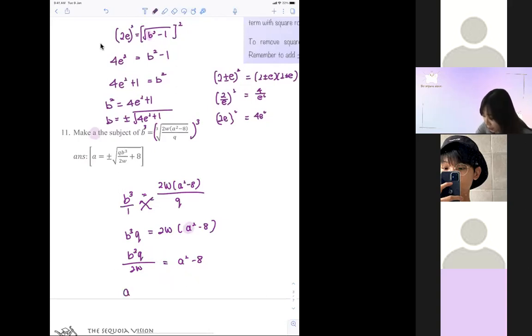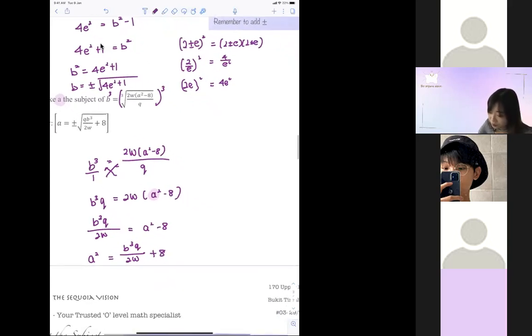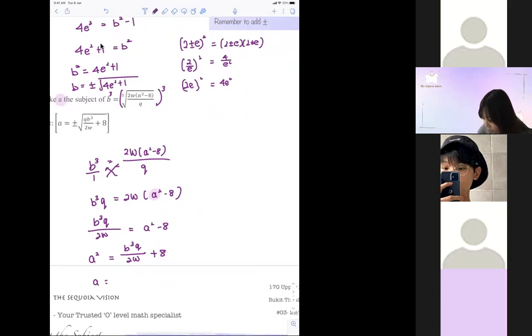So while I do that, I make A square on the left side. And then final step, you've got a square there. You just square root the whole thing. And when you square root, you know what to do. You must put a plus minus.